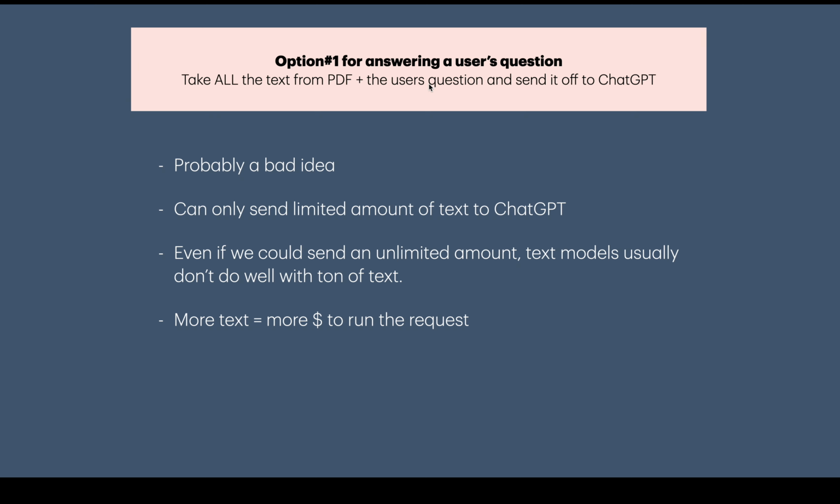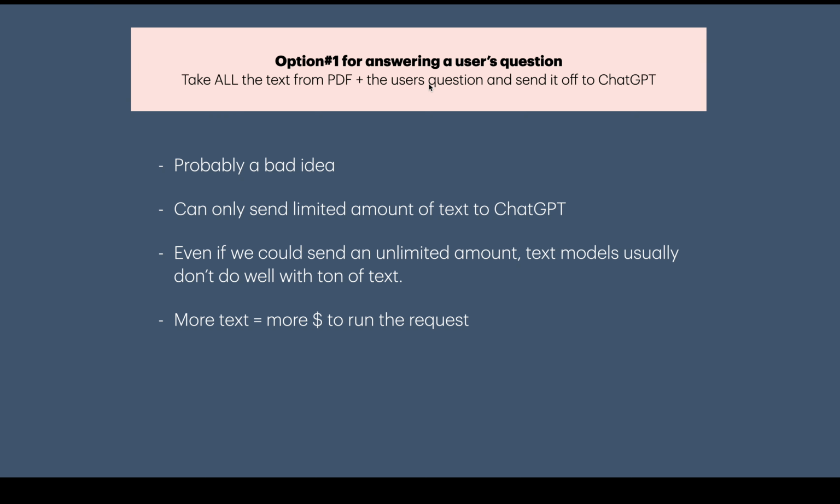Now, even if we could put as much text into ChatGPT as we wanted, maybe with future enhancements to the model we'll be able to input more tokens, we usually do not want that, because the chat models usually don't understand the entire context if you give a lot of text. If there's a ton of text, it's likely that we end up getting wrong answers because it's much harder to pull some discrete meaning out of all the text.